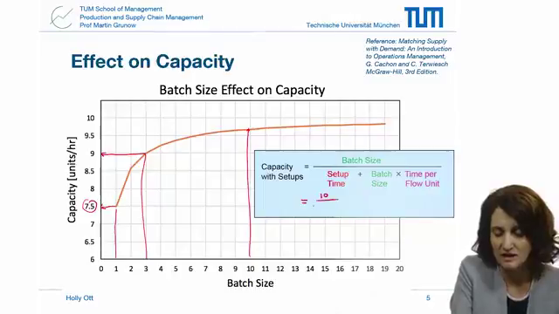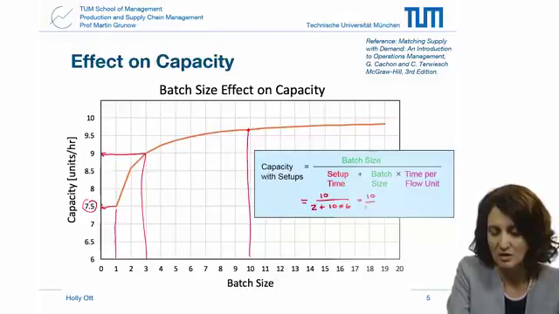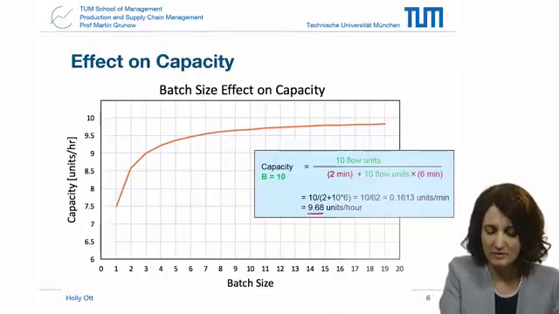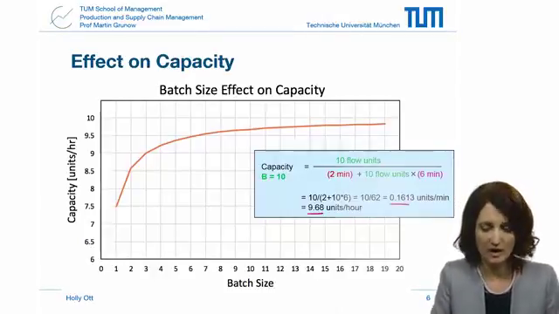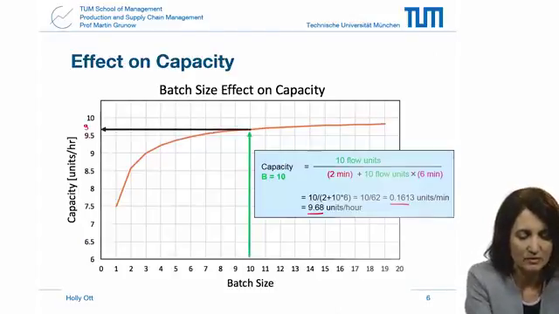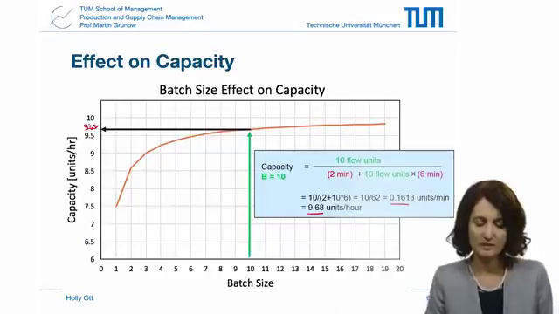With a batch size of 10, the setup time is 2, plus 10 times 6. So we end up with 10 over 62, which is 0.1613 units per minute. We have this on the other slide: we end up with 9.68 units per hour with a batch size of 10. Great.